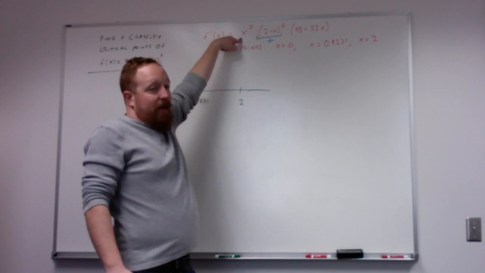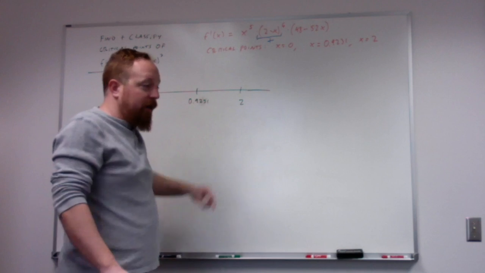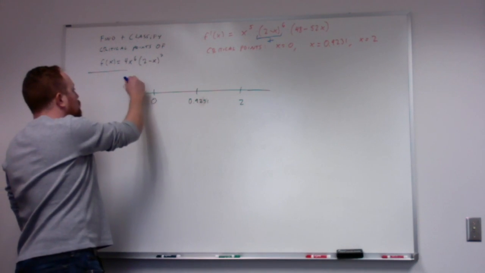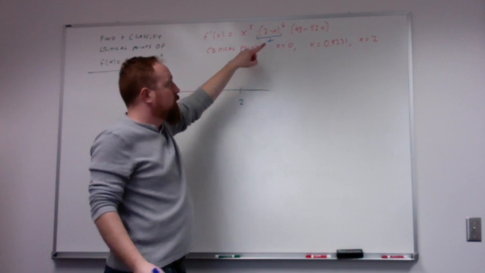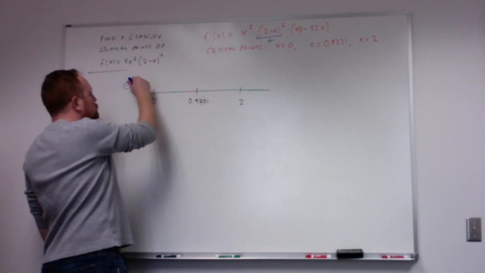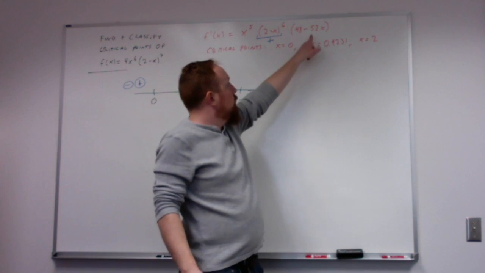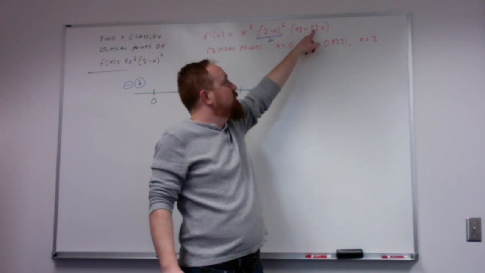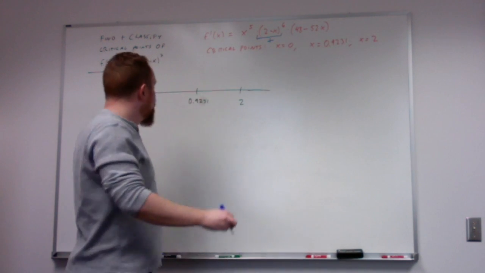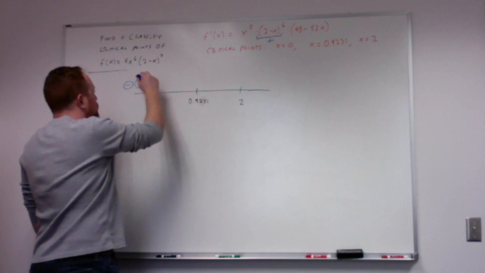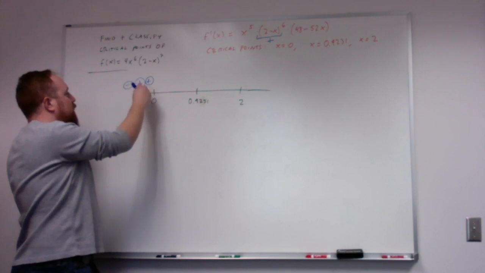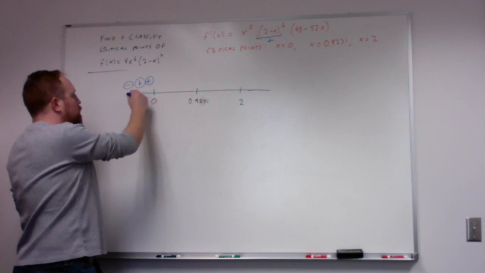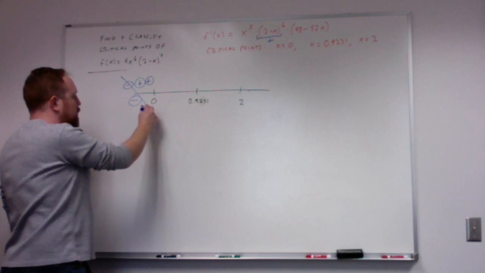So we'll have some negative number to the 5th power, which is going to be negative. We decided this middle part is always positive. And then maybe I have a negative 1 here. Well, then 48 plus 52 is certainly going to be a positive number. So I have a negative times a positive, which is negative overall, which means that my function is decreasing before 0.